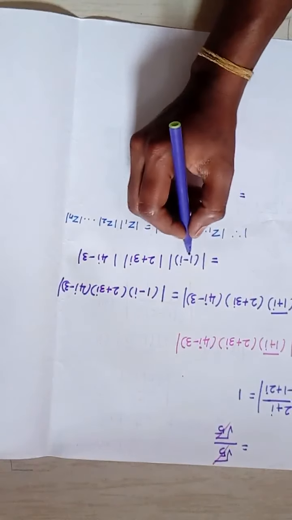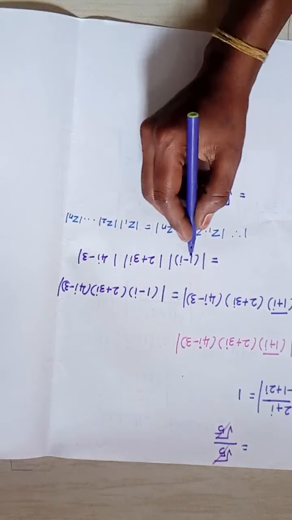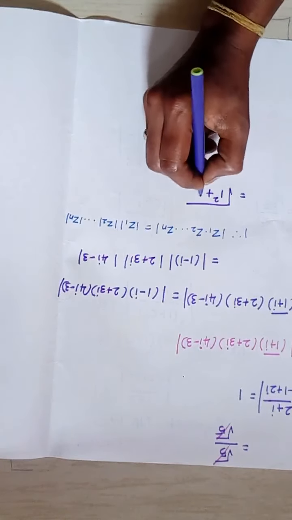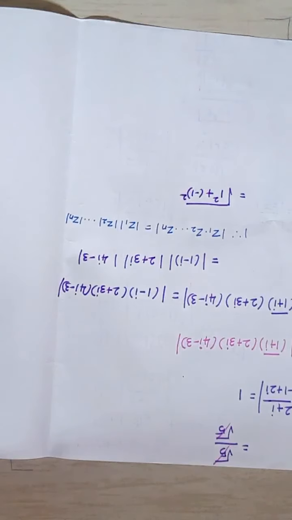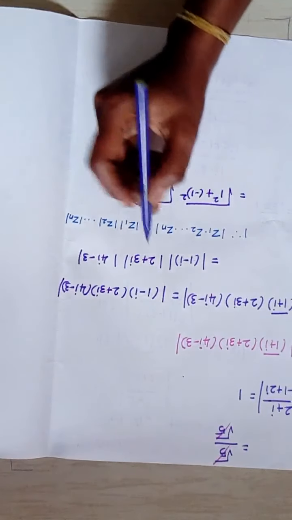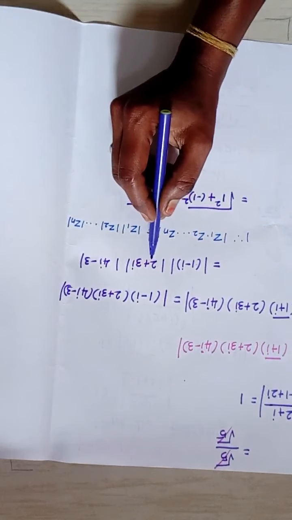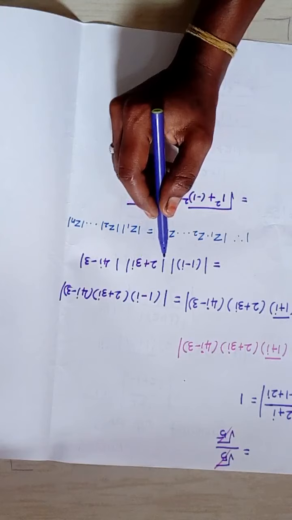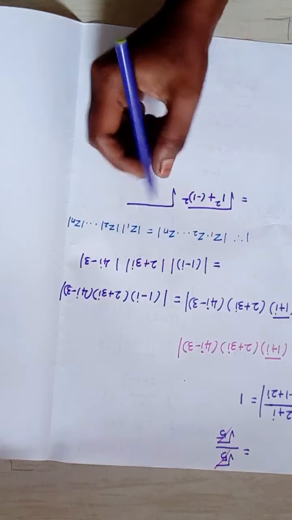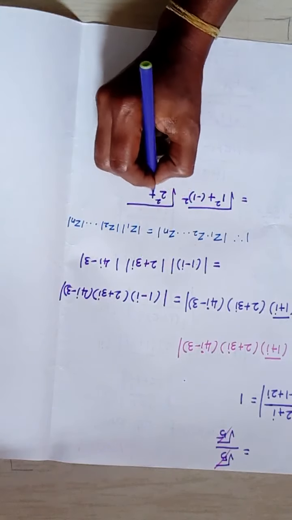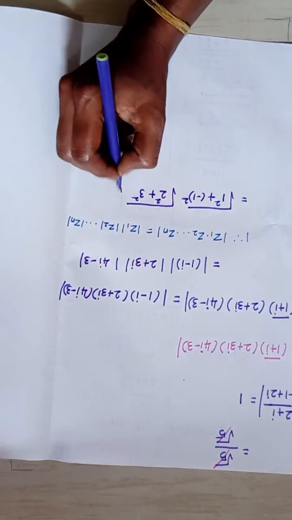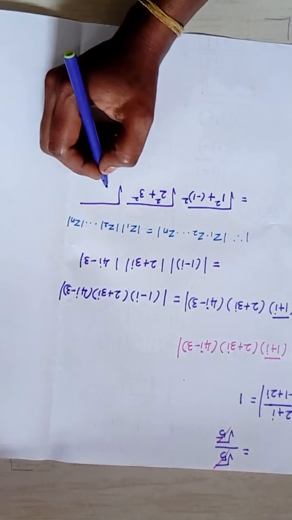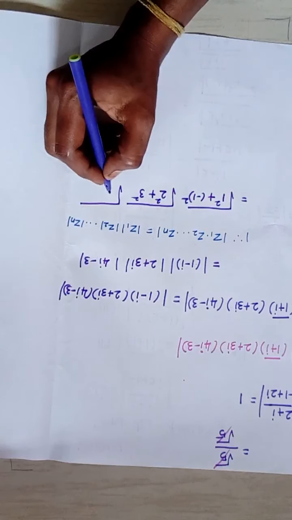Now modulus means taking the square root. Real part is 1, imaginary part is minus 1, so square root of 1 squared plus (minus 1) squared, into square root of, here the real part is 2 and the imaginary part is plus 3, so 2 squared plus 3 squared, into, here the real part is 4, so 4 squared.